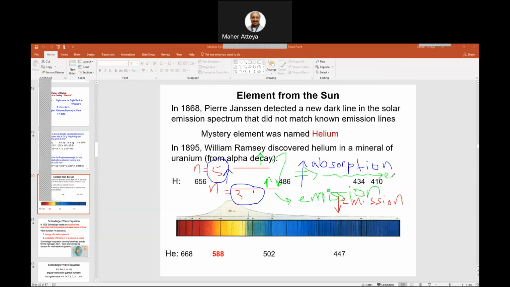Those photons come from the fact that the electron was pushed by incoming energy, the photon raising this electron to a higher energy level, correct? And therefore the electrons don't like it, because they feel like we have a lot of energy inside, we were pushed out of our place, we want to go back to our original place, so we have to give out this energy as a photon. It's called emission.